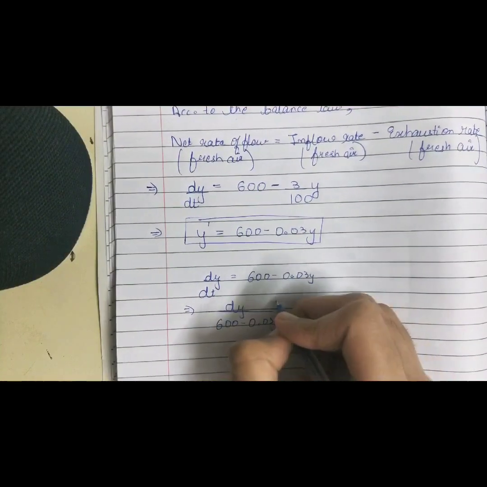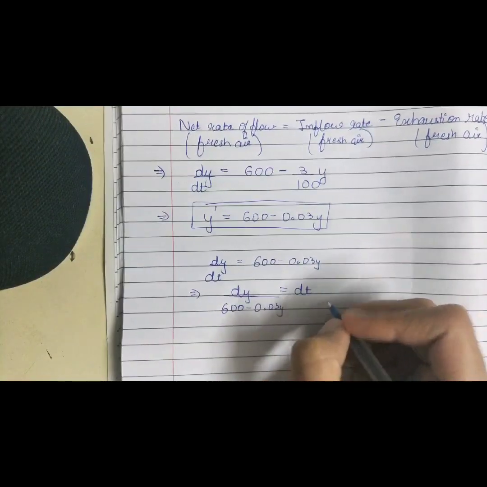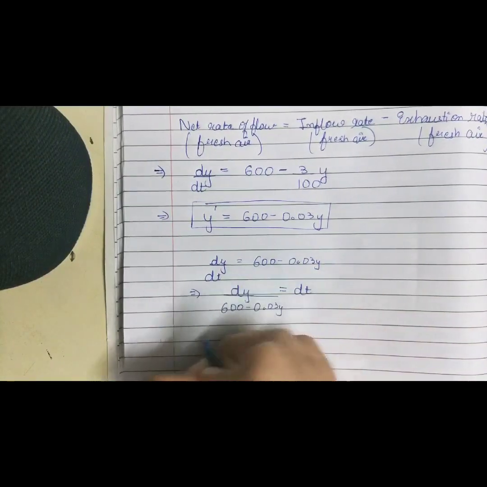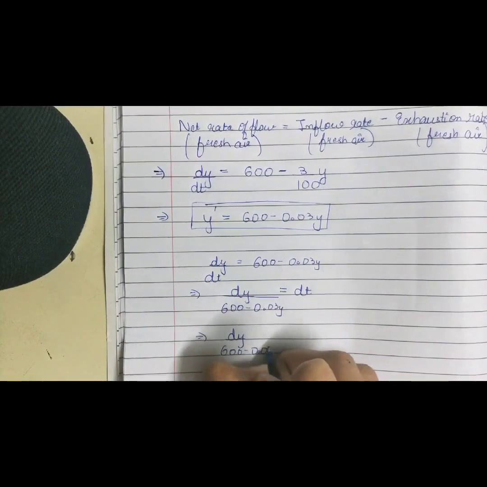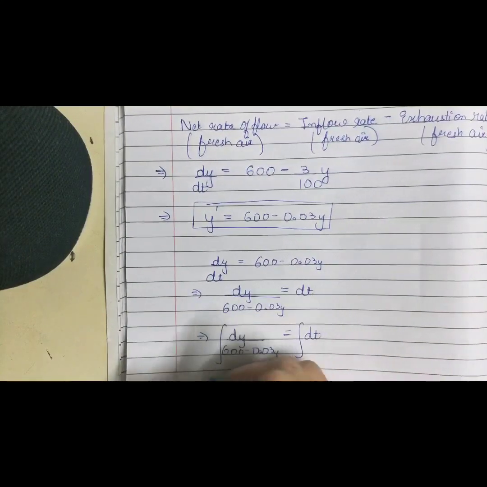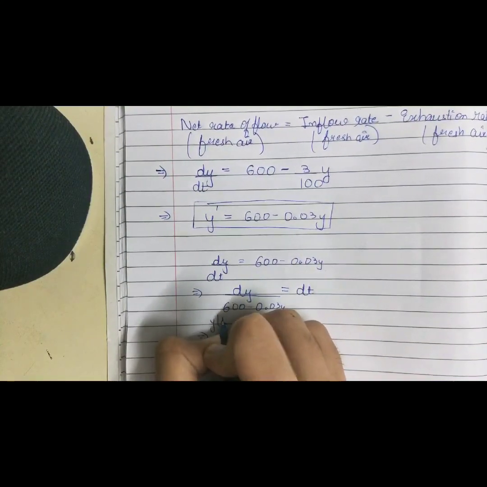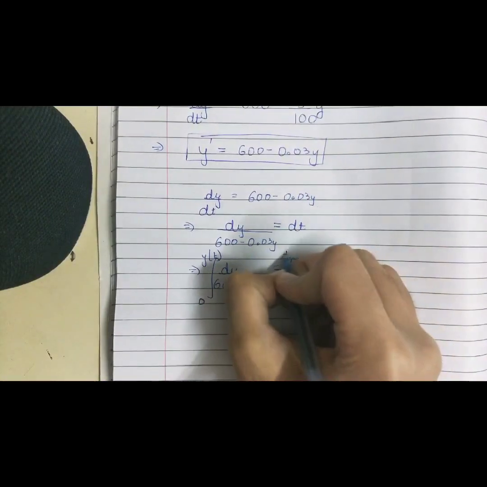the y below as a denominator, and dt at the RHS, and now I'm going to integrate both sides with proper limits. This is from 0 to y(t), and 0 to a time t.